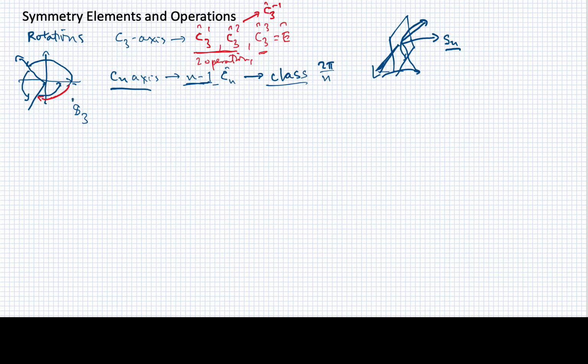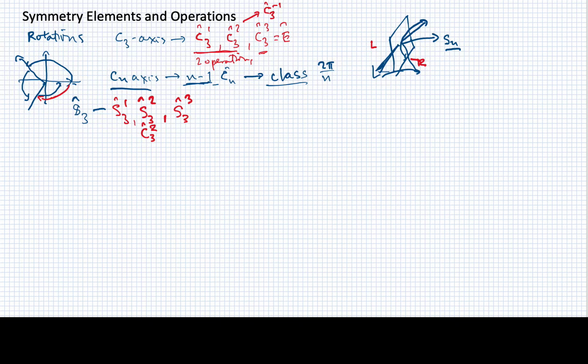In that case, I'll have symmetry operations that correspond to S3 once. That'll get me to the left-hand side of the plane. S3 twice, which will bring me back to the right-hand side of the plane. So this is equivalent to C3 twice. I'll have S3 three times. What would that correspond to?